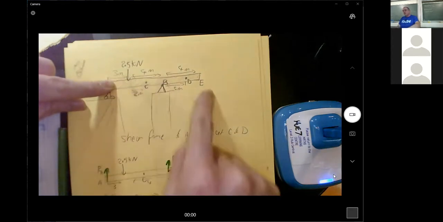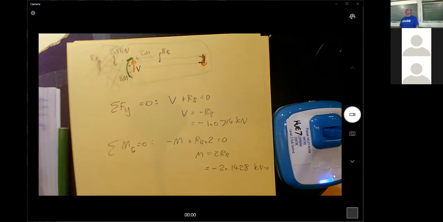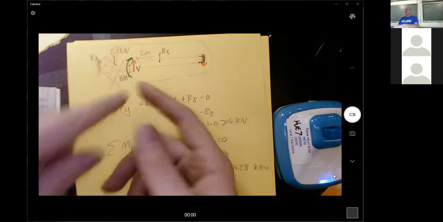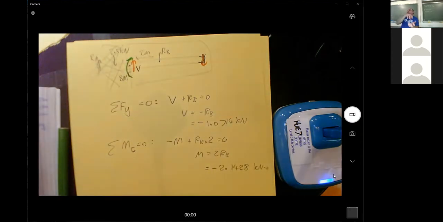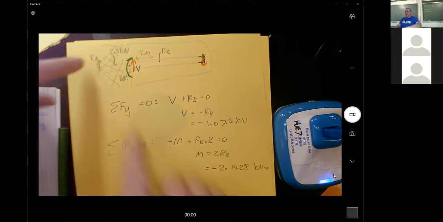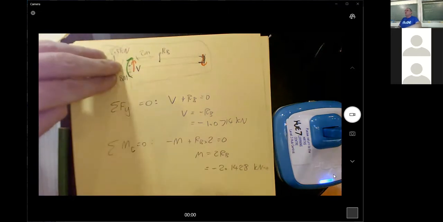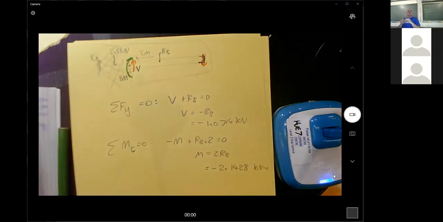If this side's bending downwards, this side should be bending that way, and that's why it's that way. That's why it's a frowny face, which is a negative moment, because I've done it on this side of the thing instead of on the other side where it would have come out to be positive. They would have both been positive then. Does that work? If I had cut it this way, they would have both come out to be plus, because they should be the opposite directions on the inside, I think. I don't know the physics. All I know is the maths.